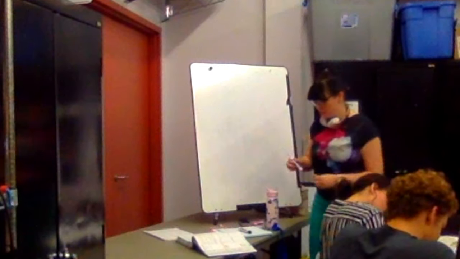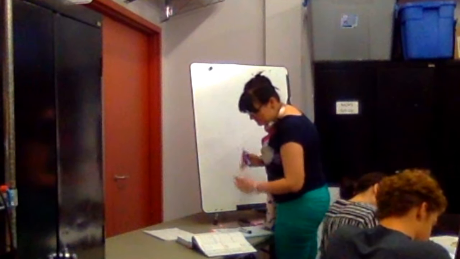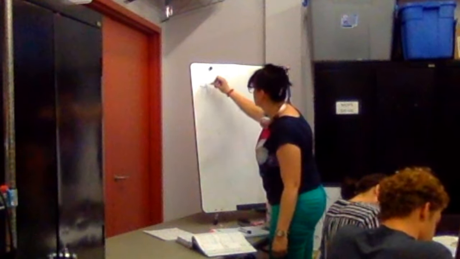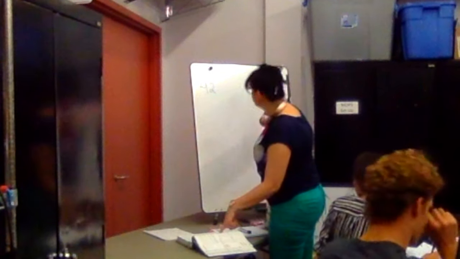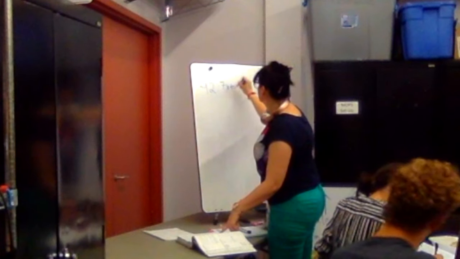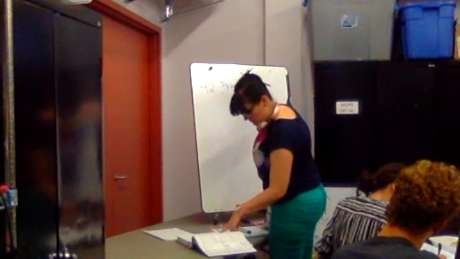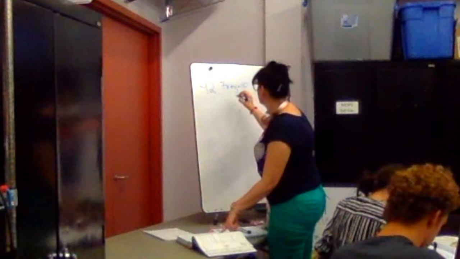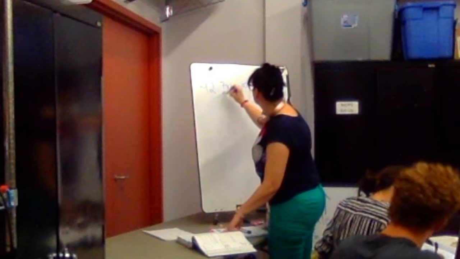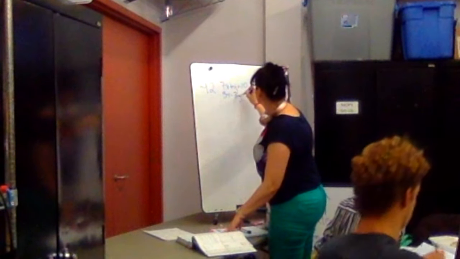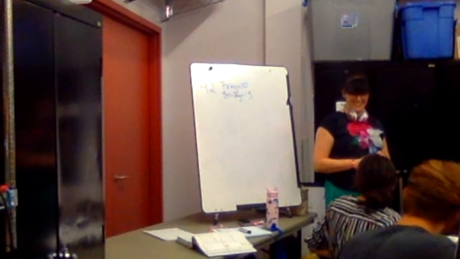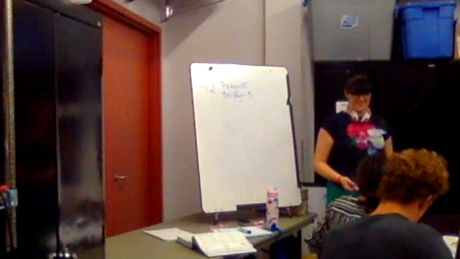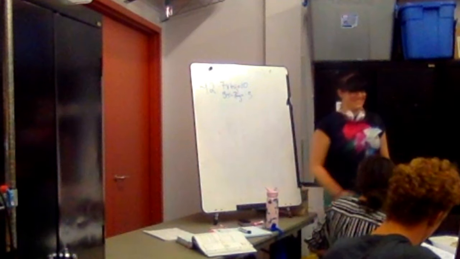So let's do number 42. 7x plus y equals 10, and 3x minus 2y equals negative 3. So what's my first step? Solve for y.